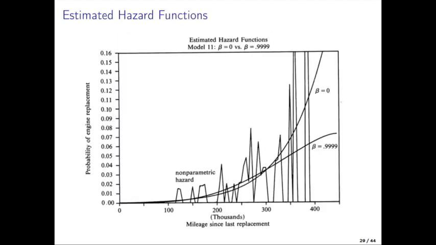Here's just an exploratory analysis of those data. So we can estimate the nonparametric hazard, which is essentially just grouping the data into mileage bins, and then calculating the fraction of observations in each bin. That gives a very jittery curve, as you can see.